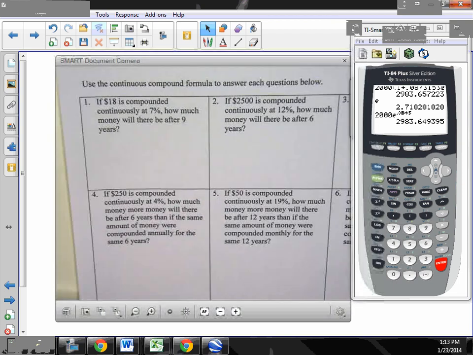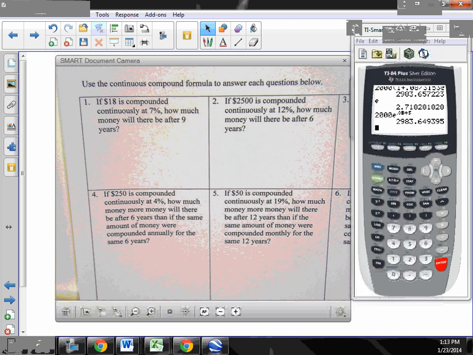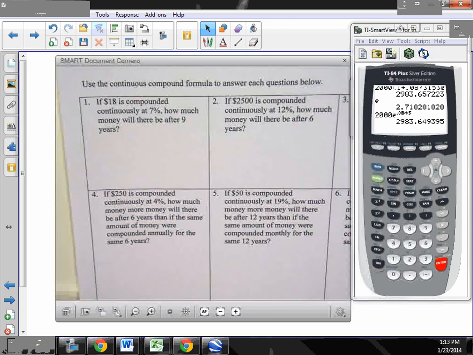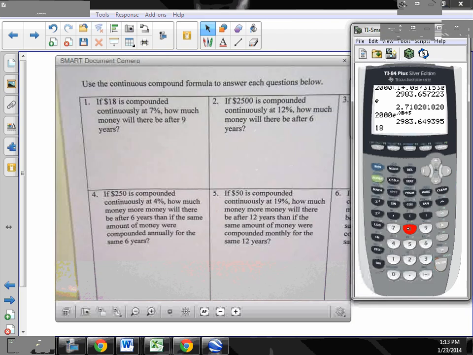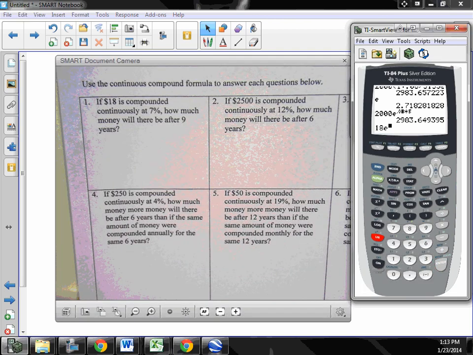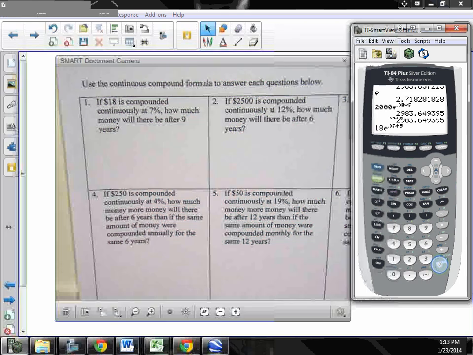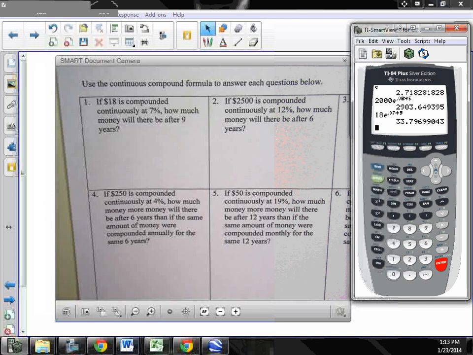If $18 is compounded continuously at 7%, how much money will there be after 9 years? So 18 e raised to the 0.07 times 9. $33.79.